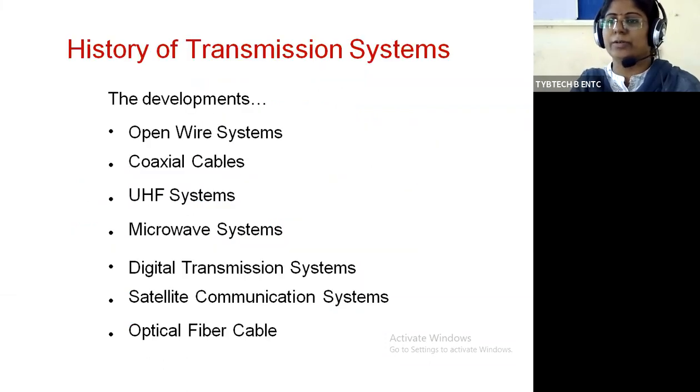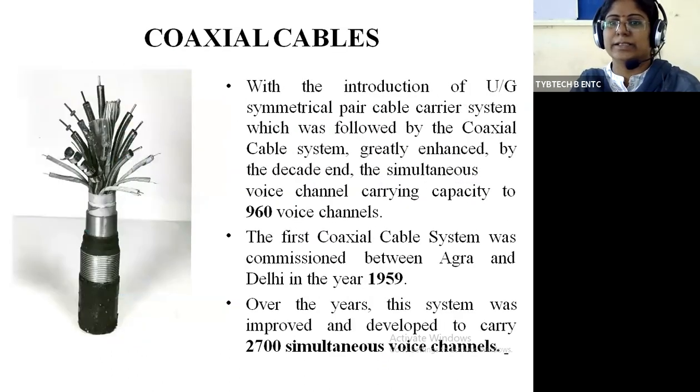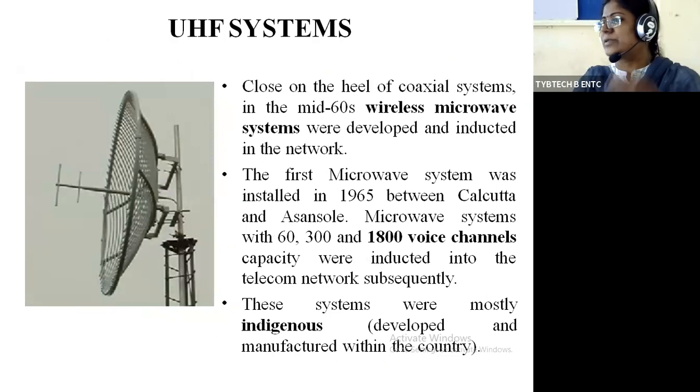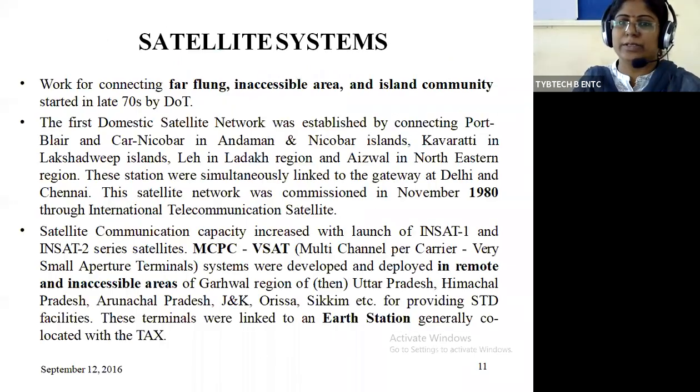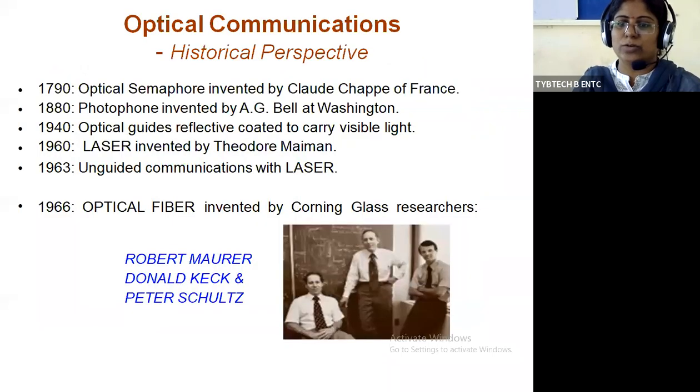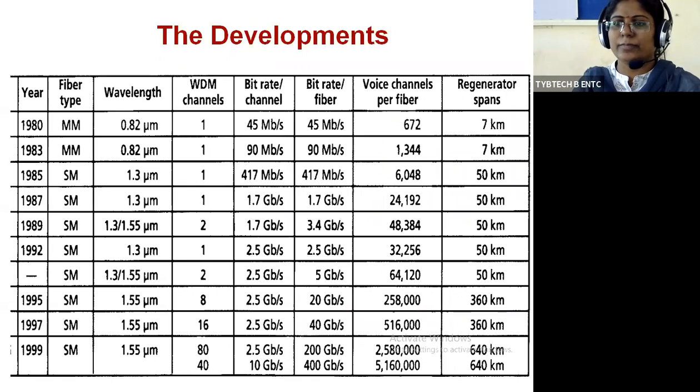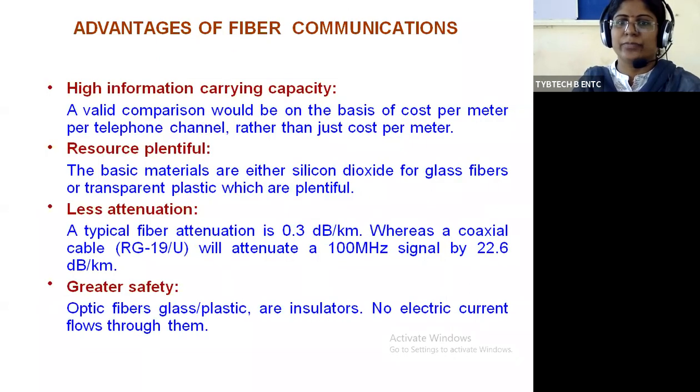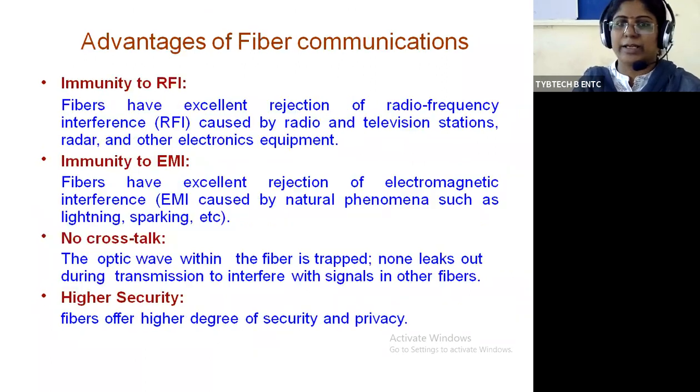Then the historical development of optical fiber. Next, these are the previous systems which were used before optical fibers. Then we considered optical communication, its history. You can see these developments. And then the advantages of optical communication, and along with that, the disadvantages also.